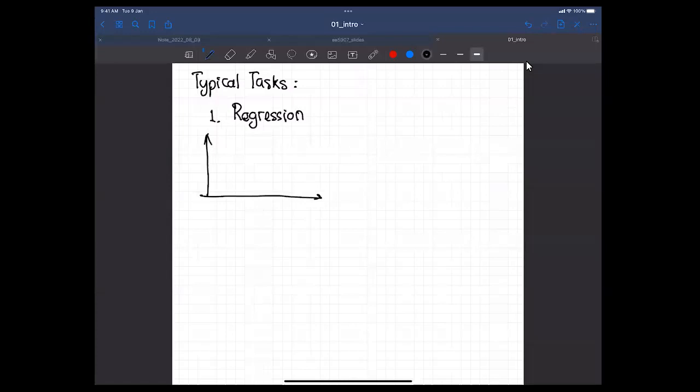let's assume that we have prices of houses. You have a house, you want to sell it, and you want to see what the optimum price is. The x-axis is the year, and the y-axis is the price.